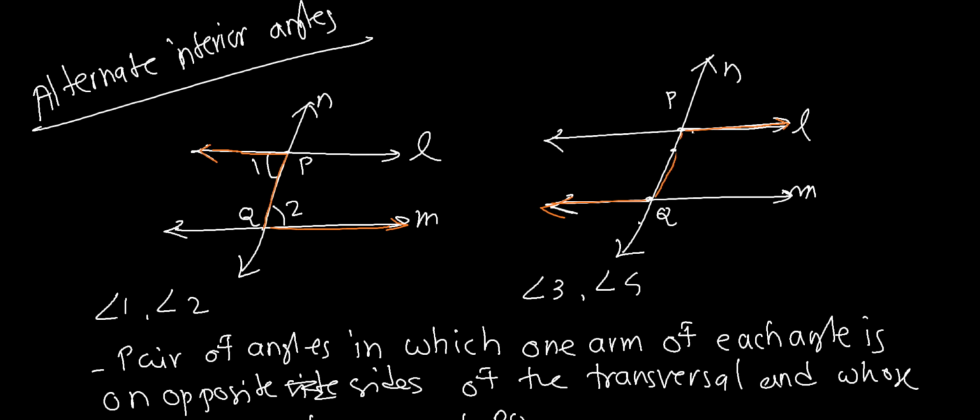So the correct 3 and 4 are, this should be 3 and this should be 4, because they are interior, so they lie inside.